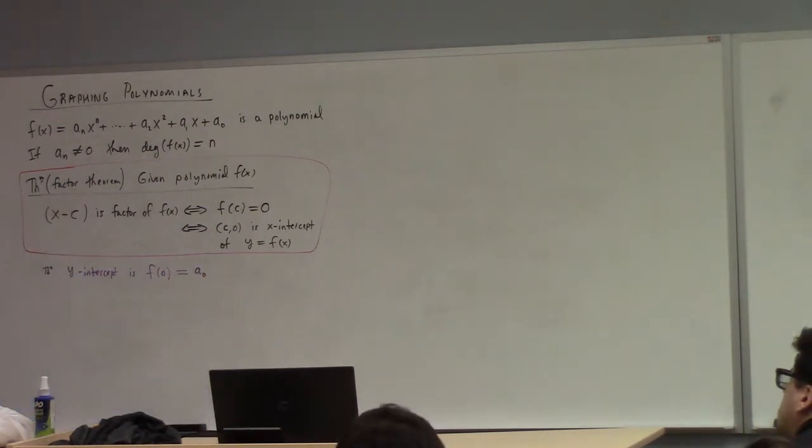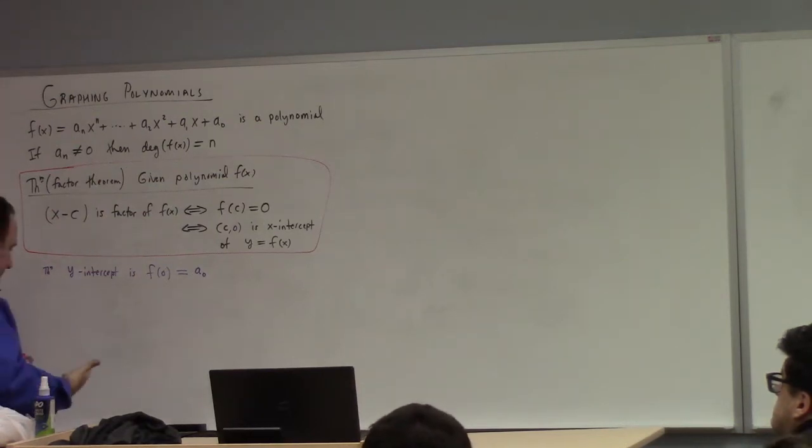So we talked about that last time, right? The last class we spent our whole time graphing the n equals 2 case, quadratic polynomials. The graph of a quadratic polynomial was a parabola. So we learned all kinds of stuff about how to graph parabolas last time.